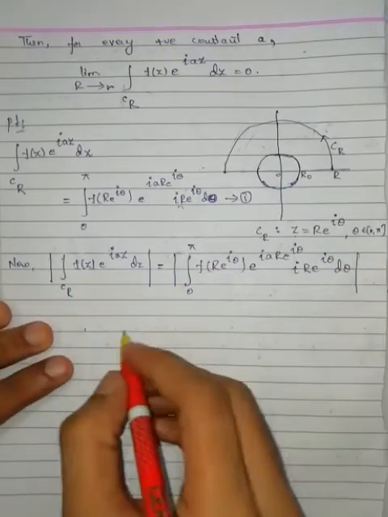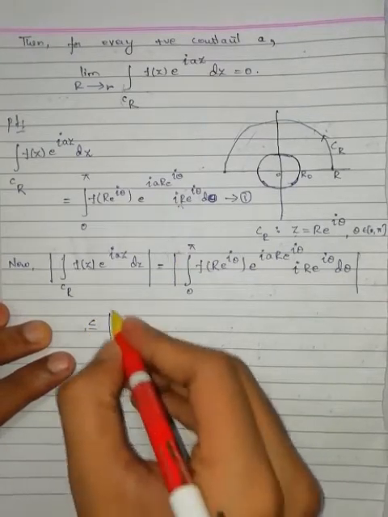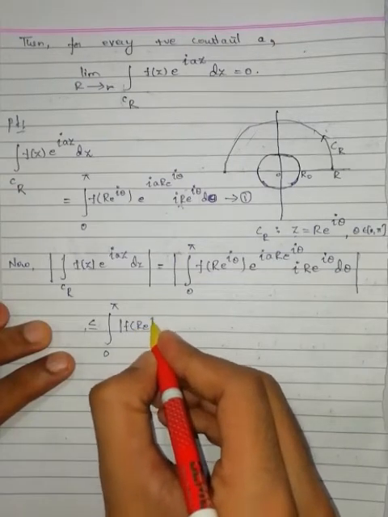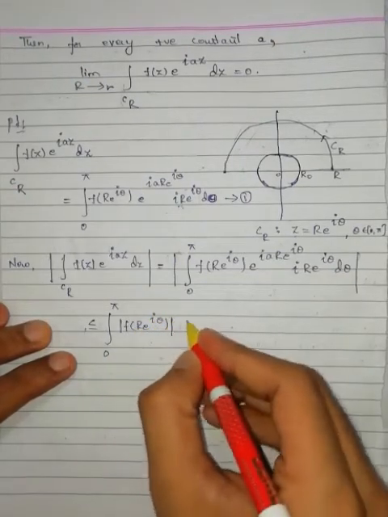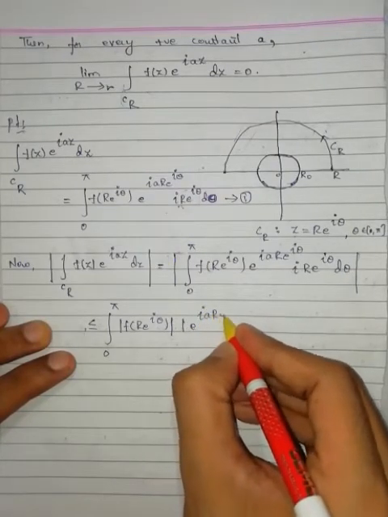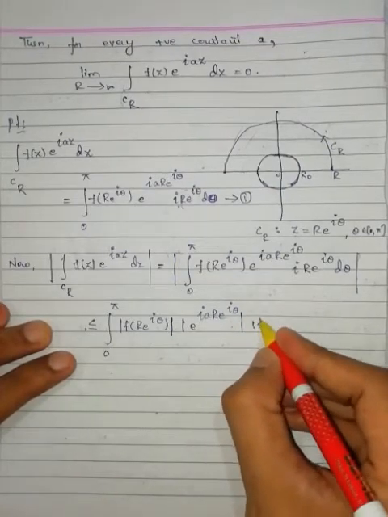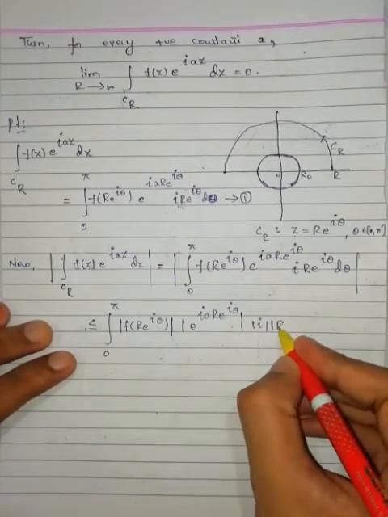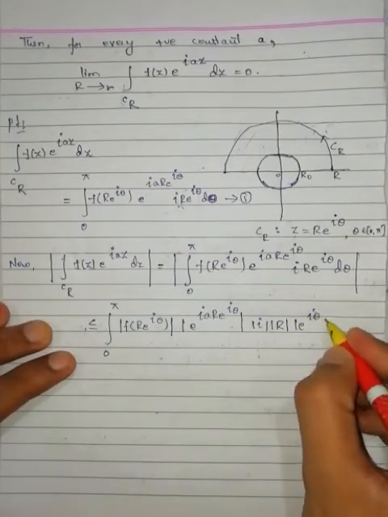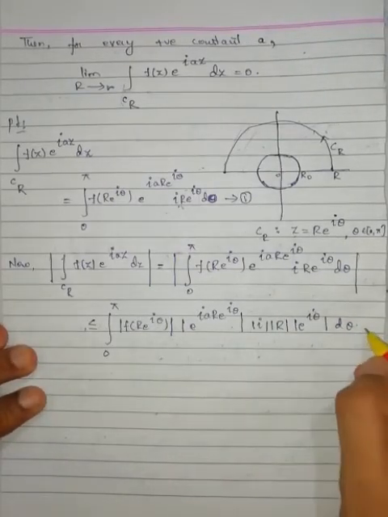If I take modulus inside, this becomes less than or equal to integration 0 to pi modulus of f of capital R e to the power of iota theta, modulus of e to the power of iota a capital R e to the power of iota theta, modulus of iota, modulus of R, modulus of e to the power of iota theta d theta. Equation number 2.